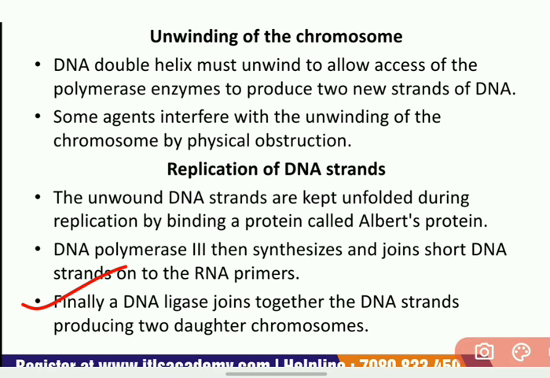Finally, a DNA ligase joins together the DNA strands, producing two daughter chromosomes. The entire process is carefully regulated with proofreading stages to check that each nucleotide is correctly incorporated as specified by the template sequence.